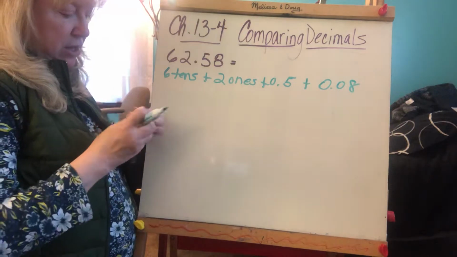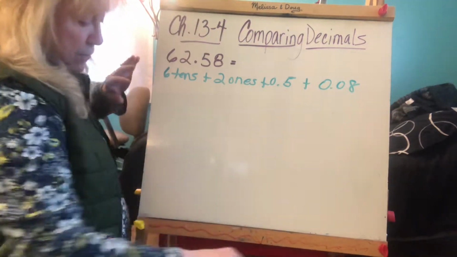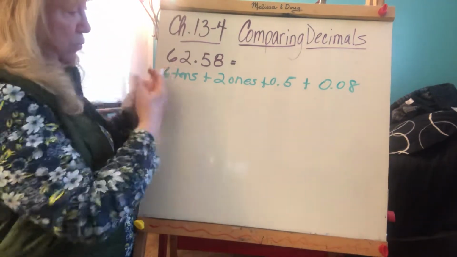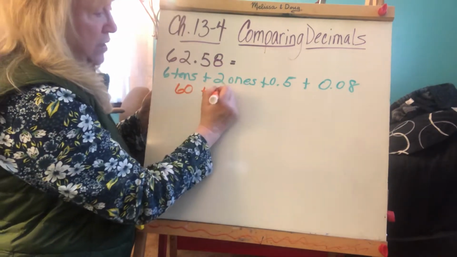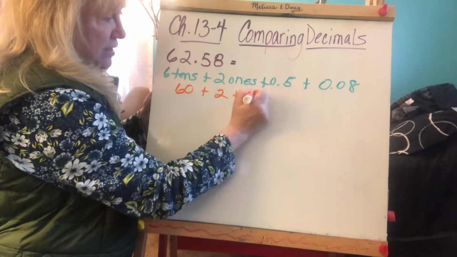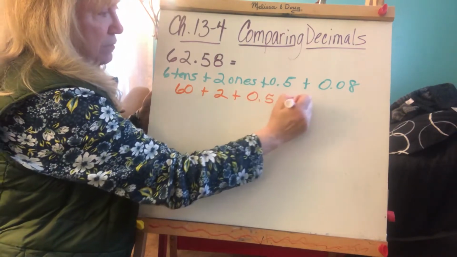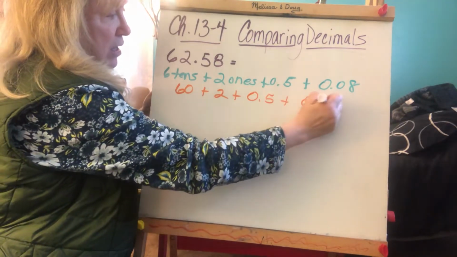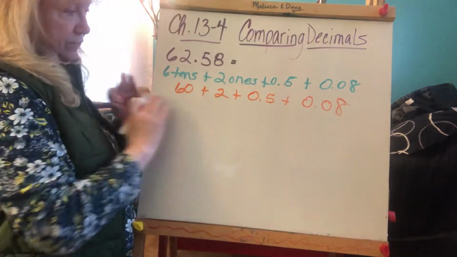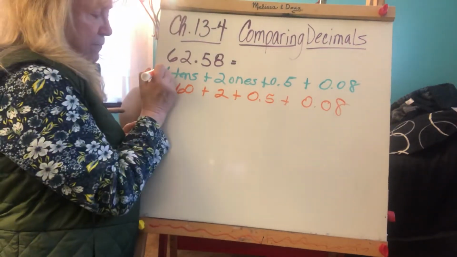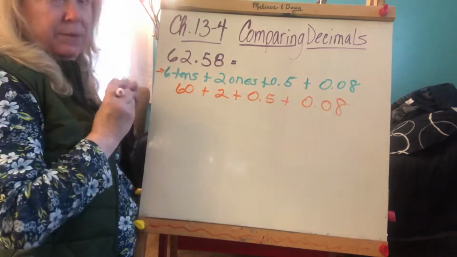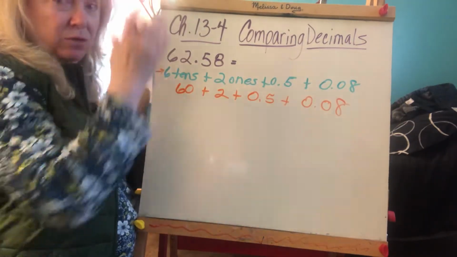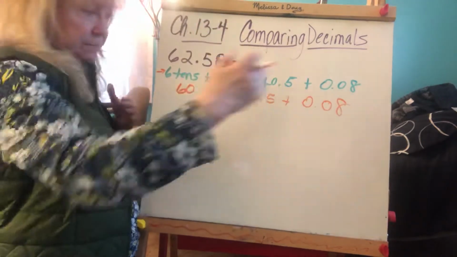And then the next step, this is the 2-step process. What does 6 tens equal? It equals 60 plus 2 ones equals 2 plus 5 tenths plus 8 hundredths. Okay? If you want to skip this green step, you can. But if you need to write it this way to help you, you may do that also. You may use your place value columns.